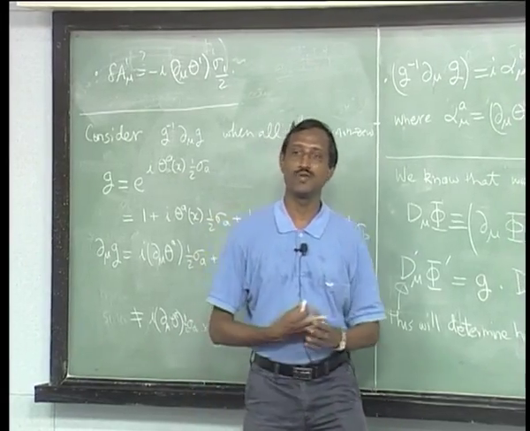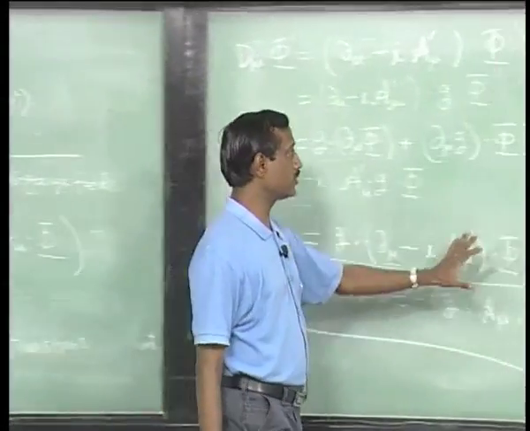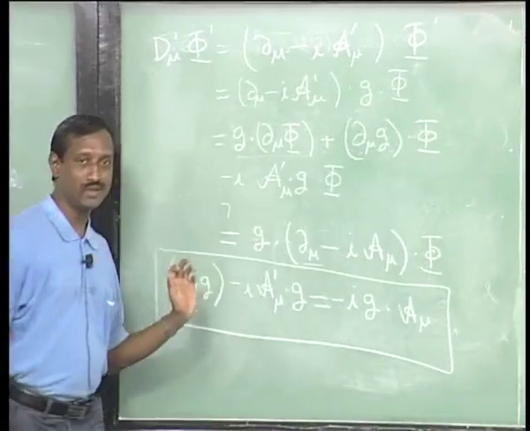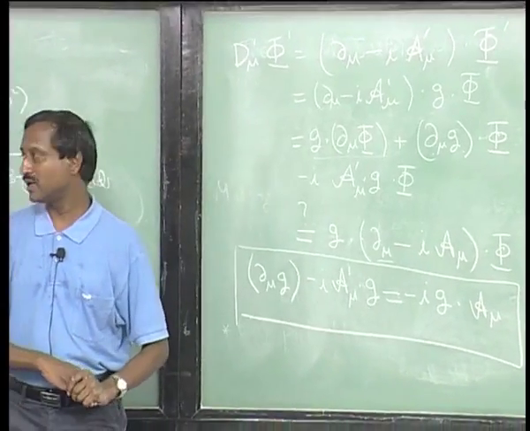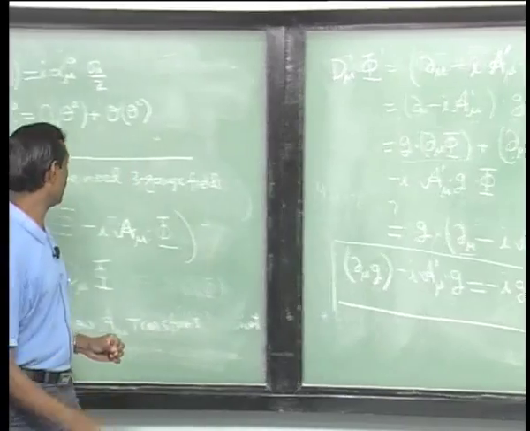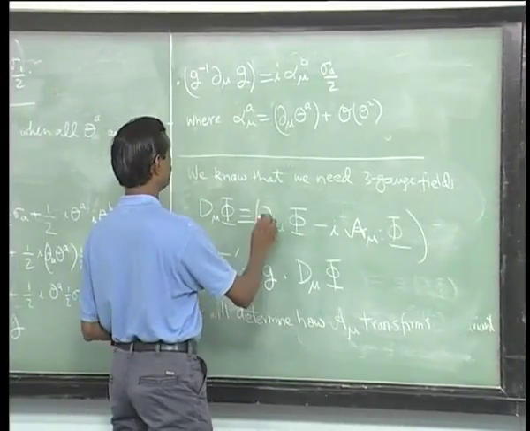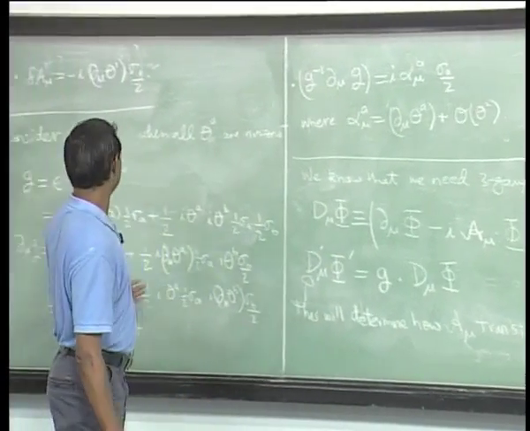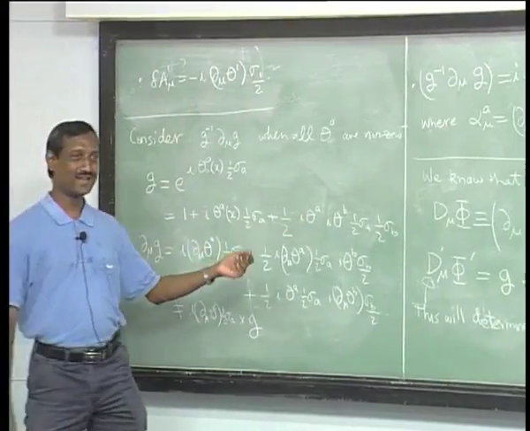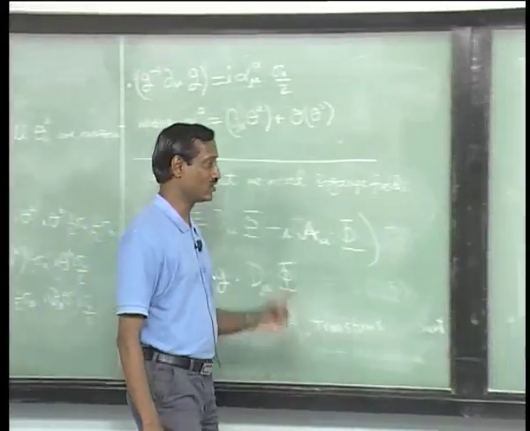Again this is part of your assignment. So now we have a covariant derivative which makes it transform properly, and it is just a matter of going to the Lagrangian and replacing all the derivatives by covariant derivatives.